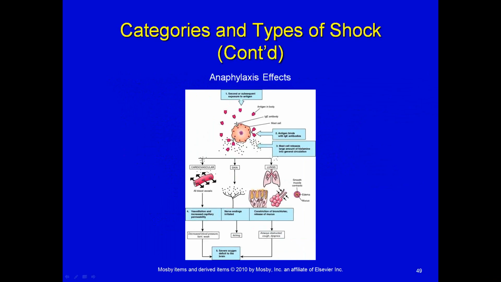And that's why we give epinephrine initially, not to stop the allergic reaction, because all the epinephrine's going to do is open up the bronchioles so that you can breathe and perhaps constrict those vessels so that the pressure is maintained in the system. But then we need to come along with an antihistamine to stop the production of histamine.